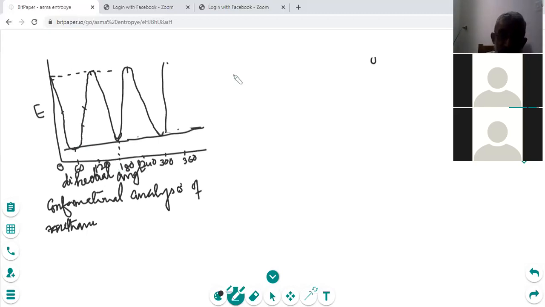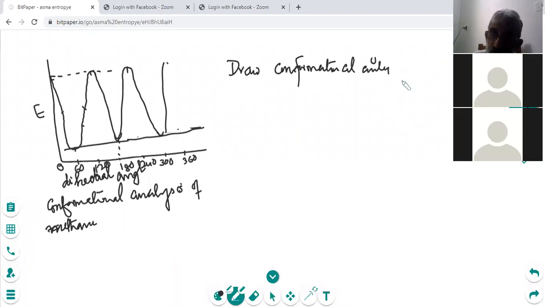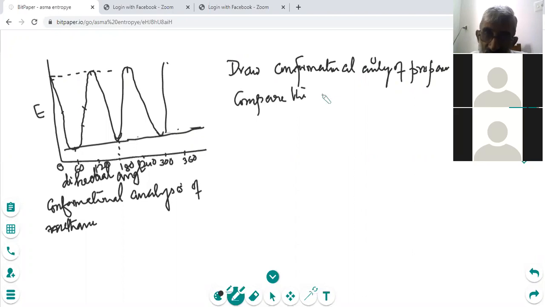Now, what you can try to do is draw the conformation analysis of propane and compare the graph with that of ethane.